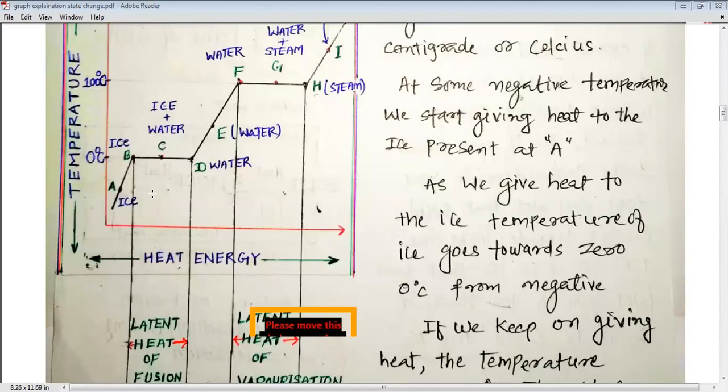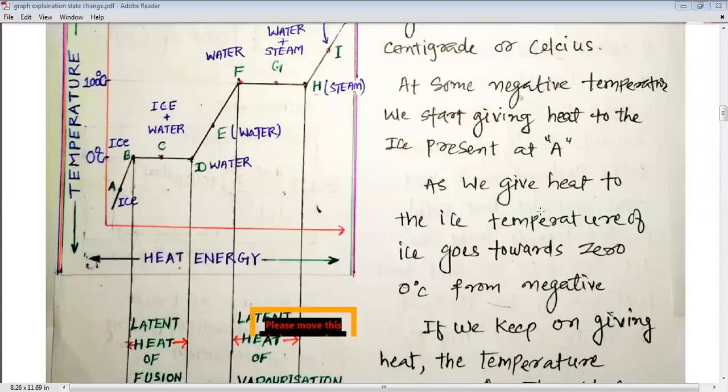When we give heat energy, the temperature of ice increases. As the temperature increases, it becomes less and less negative. We reach the position where the temperature becomes exactly zero. When the temperature of ice becomes exactly zero, we can say that we have reached a point which is known as B. At point B, we have 1 kilogram of ice.